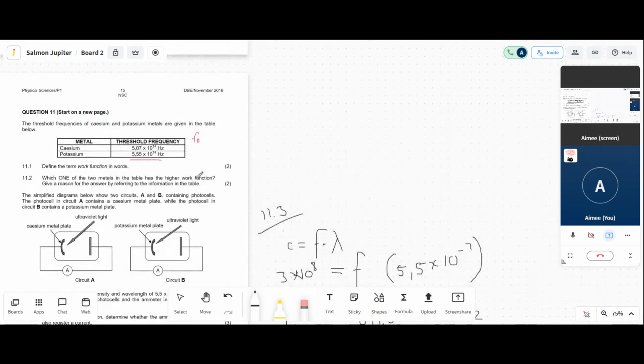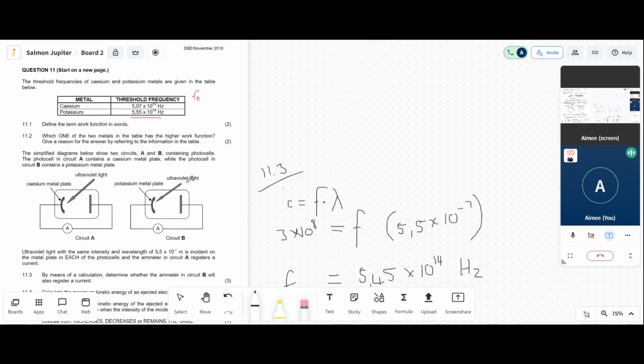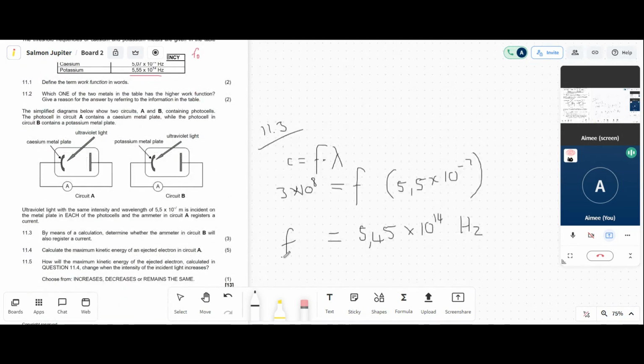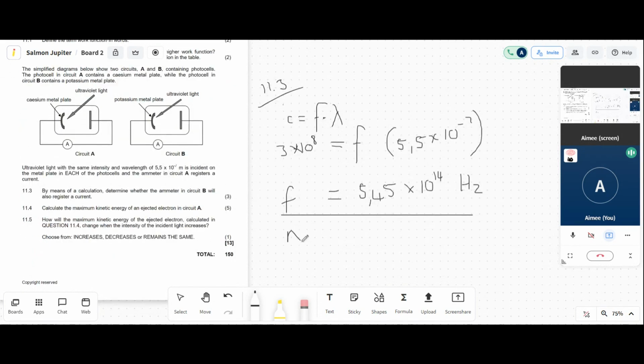But the frequency of light that is actually shining on my plate is 5.45 times 10 to the 14 hertz. This number is smaller than this one. And remember, I said, if the frequency of the light was equal to or bigger than, then yes, electricity would be registered in the circuit. But the frequency of light that is being shone on my plate is actually less than my threshold frequency, which means that no.